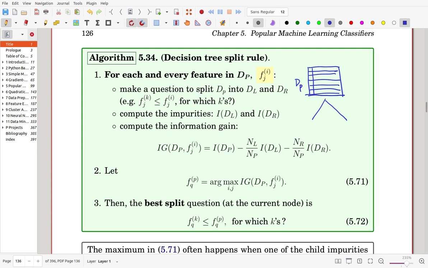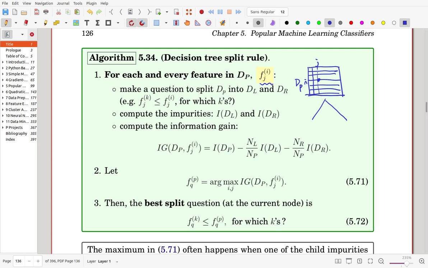So for every entry, x_ij, that is the ith point and jth feature, in the jth column and ith row, we make a question.